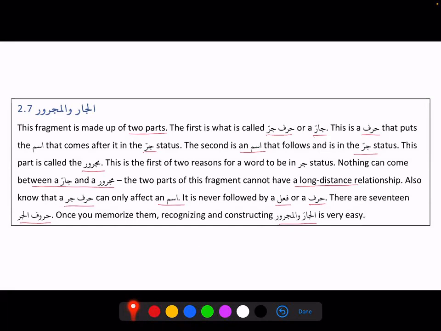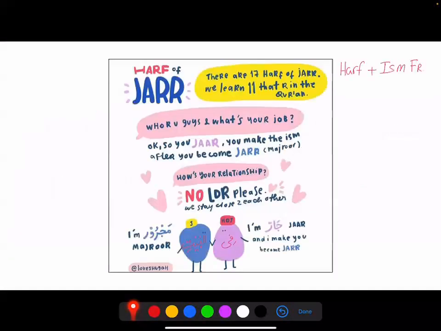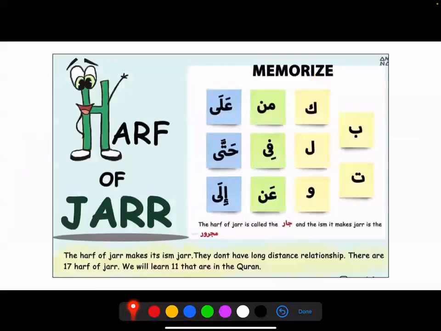That is not going to happen. After harfu jar I always need an ism that is jar in status, never followed by a harf or a fi'l. There are 17 harfu jar, and we need to memorize and recognize them.